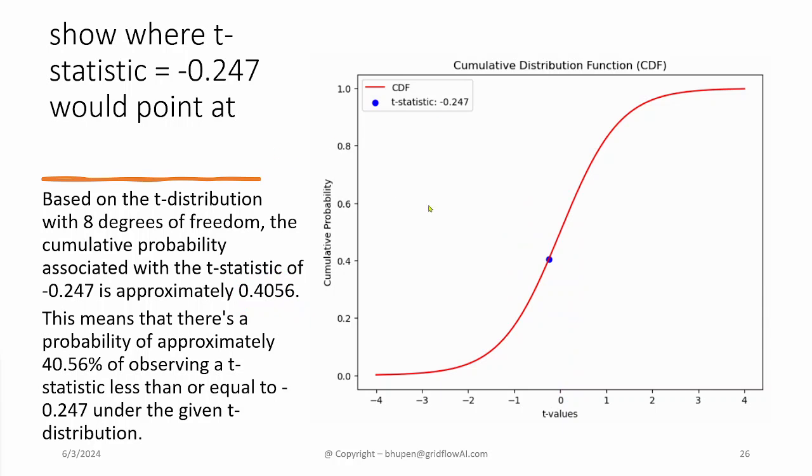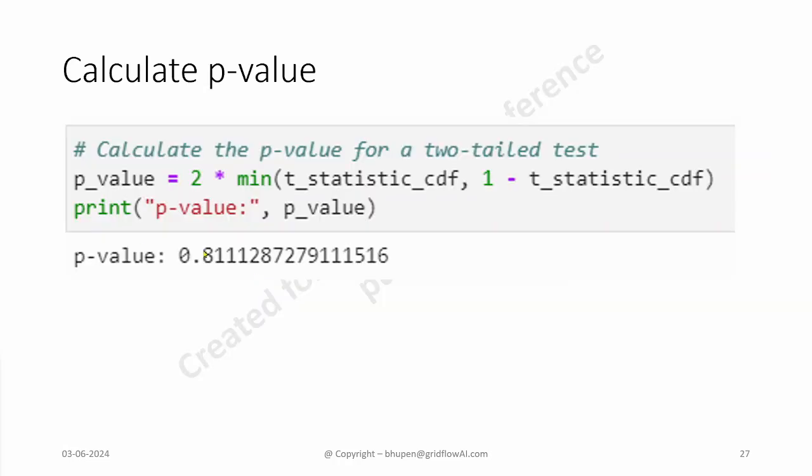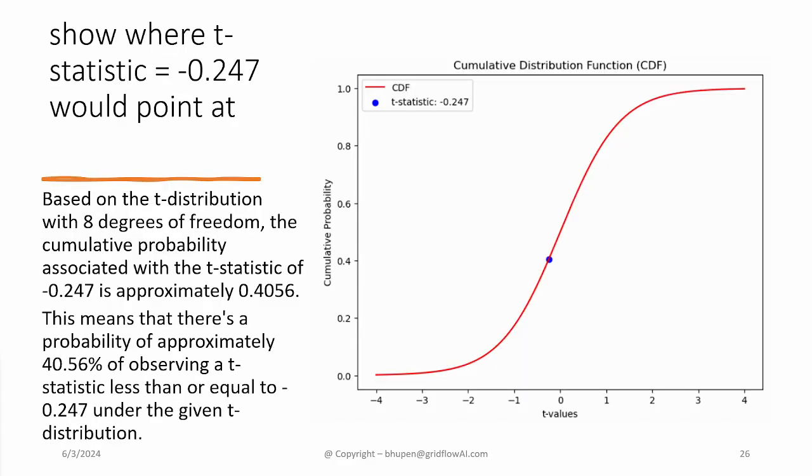We're going to use this idea of CDF, or cumulative distribution function, to come up with the p-value. So how do we compute the p-value now? Let's say my significance level is up to this point.